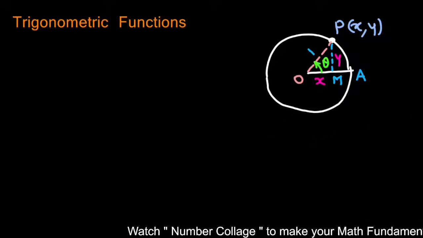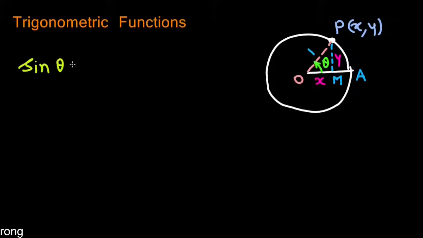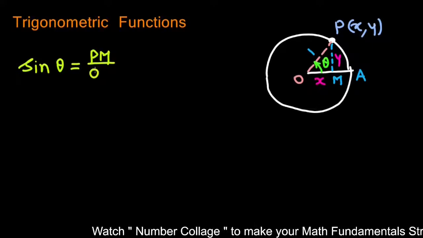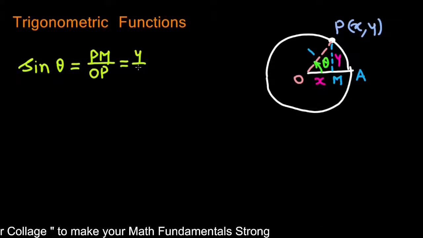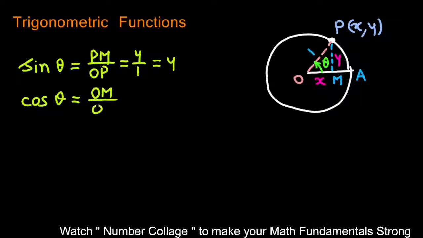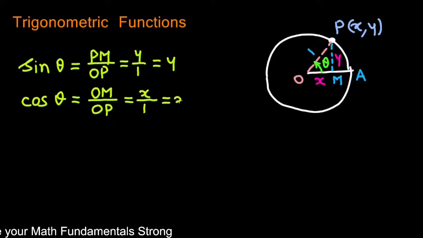Now we will write the trigonometric ratios. The first is sine theta, which is defined as PM upon OP, which will be y upon 1 or y. Cos theta is OM upon OP, which will be x upon 1 or simply x.